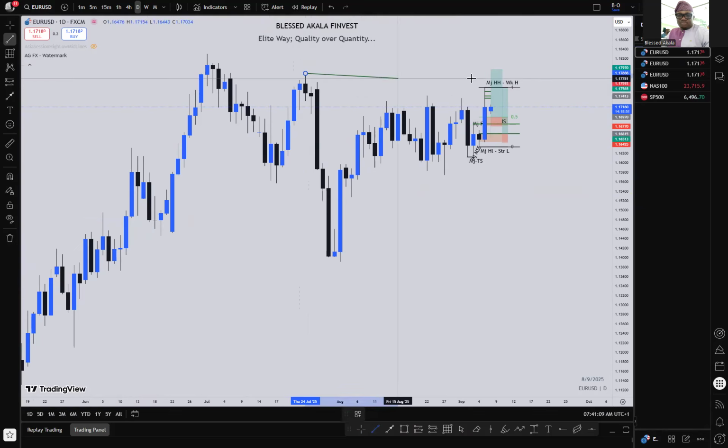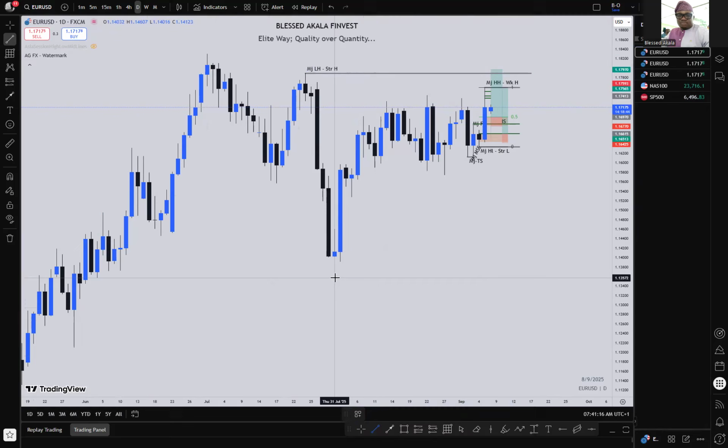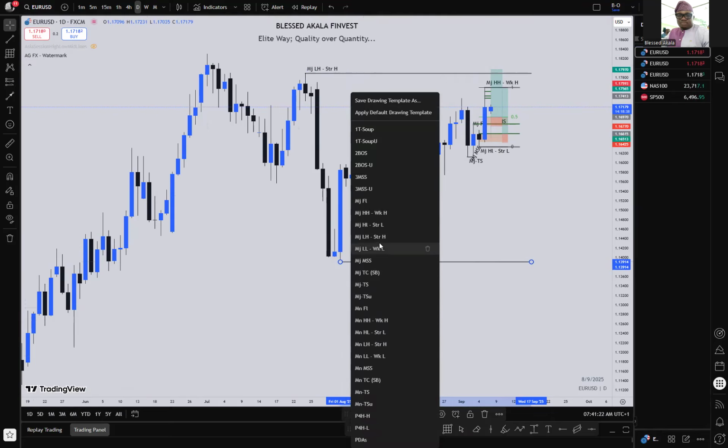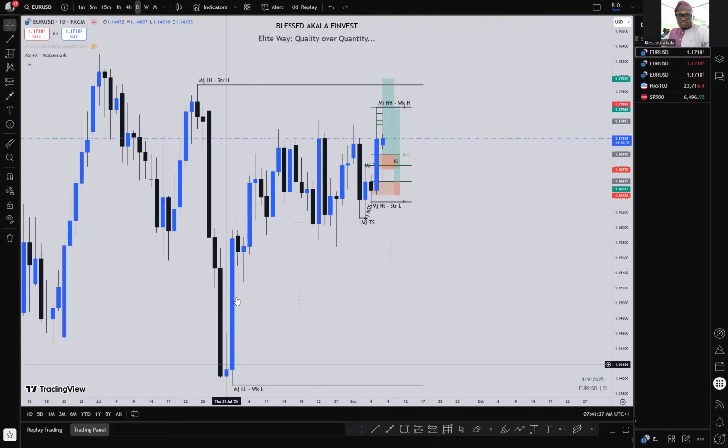And if you've been following me for a while, I talked about this place being our strong high in the very grand scheme of things, and here being weak low. So until we have that leg being broken above, until then, but we've gotten some kind of reversal pattern here that indicates that we might be sending price above this level.